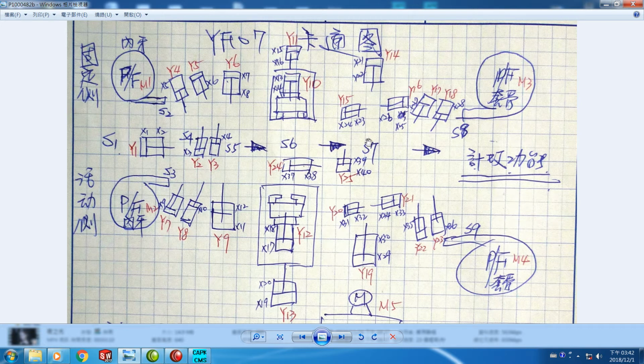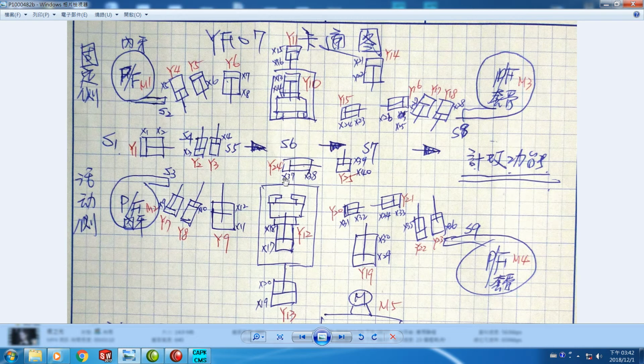Whenever S7 senses materials, the script of S7 will automatically actuate it to hold, to push, and retract.